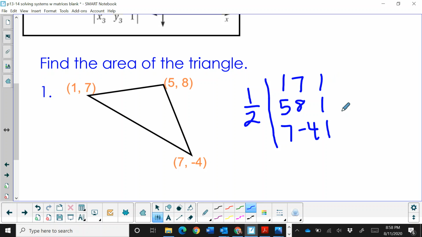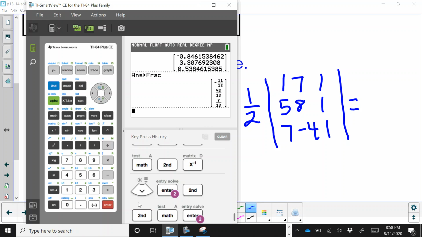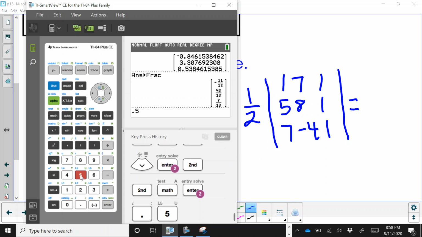So that final column is always ones. And you take half of this determinant, and then you just make it positive if it's negative. Okay, so let's grab our calculators. I'm going to go ahead and put in 0.5 times, whoops, we're not quite ready for that part, are we? Let's put in our matrix.